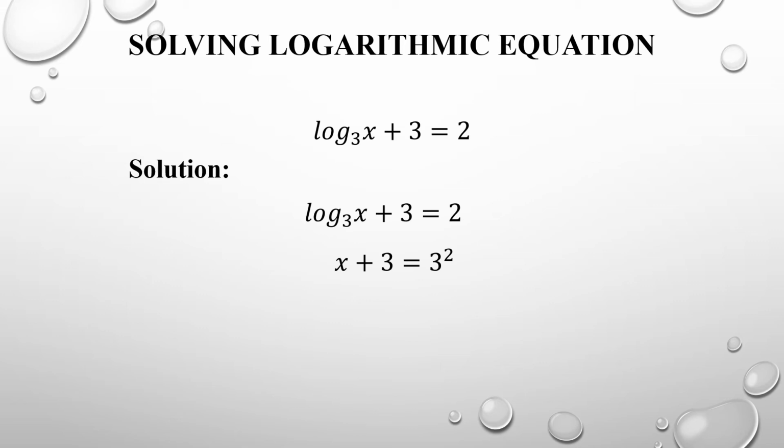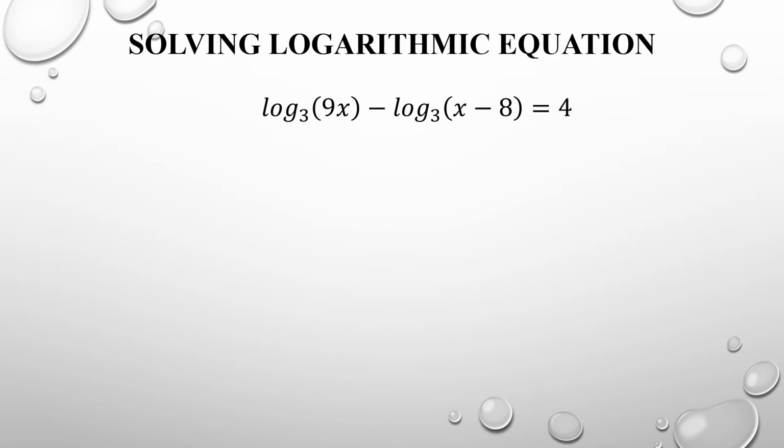Pag nare-write na natin sa exponential form, simplify natin ito. We have x plus 3 is equal to 9. Then pagsamahin na magkakaparehang term, we have x is equal to 9 minus 3. Therefore, our x is equal to 6.